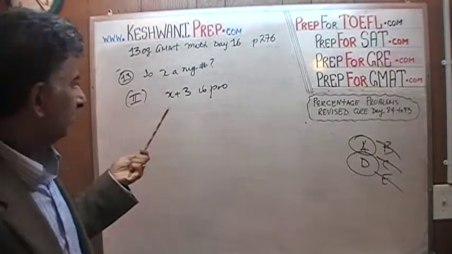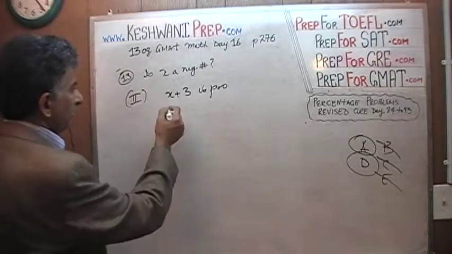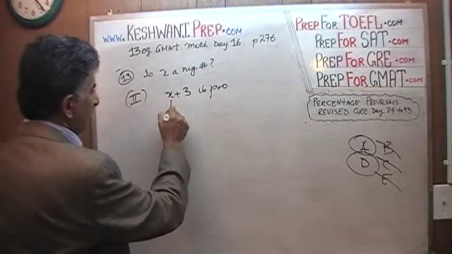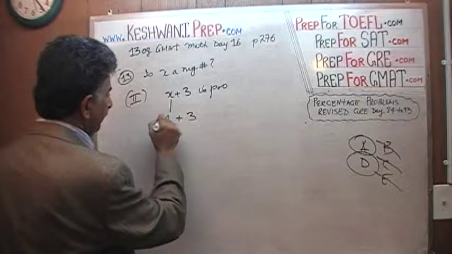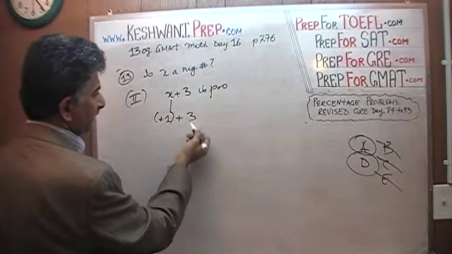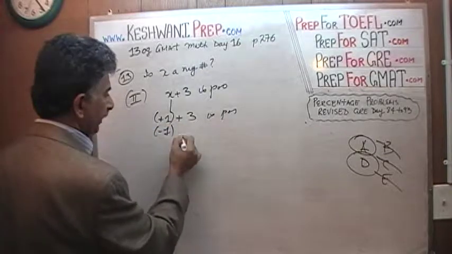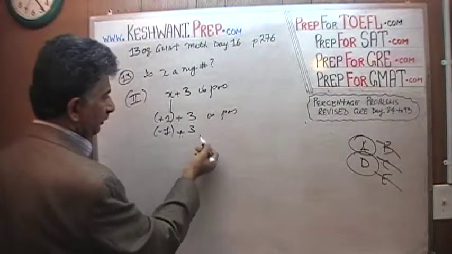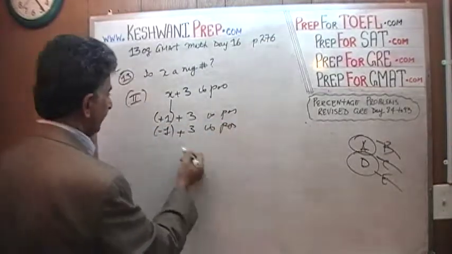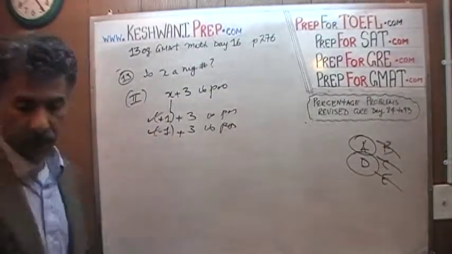The answer is no. For all we know, if x plus 3 is positive, x could be positive 1, positive 1 plus 3 is positive, or x could be negative 1. Negative 1 plus 3 would be positive 2, and this is still positive. We cannot tell whether it's positive 1 or negative 1.